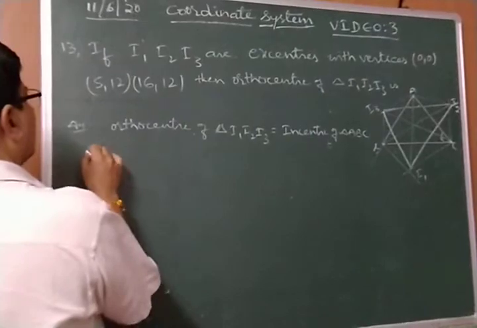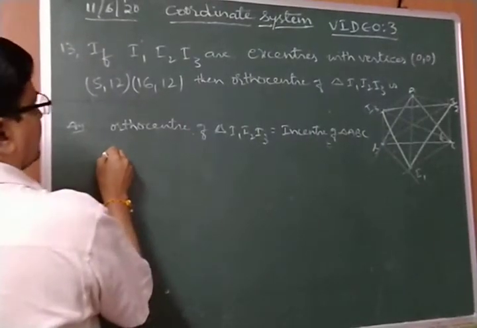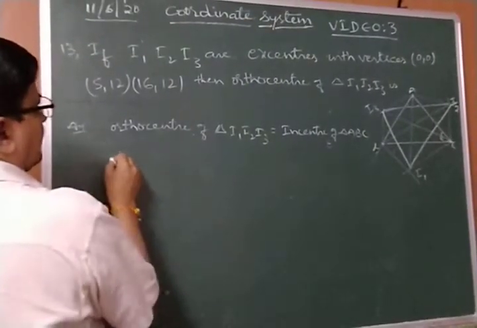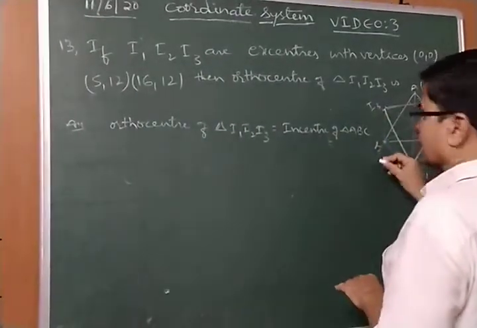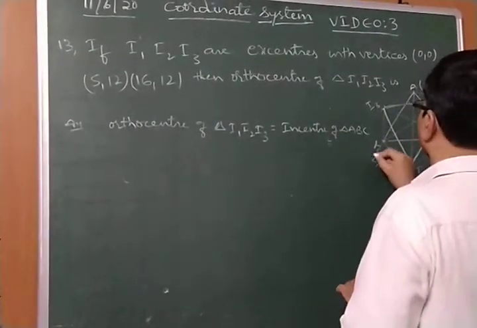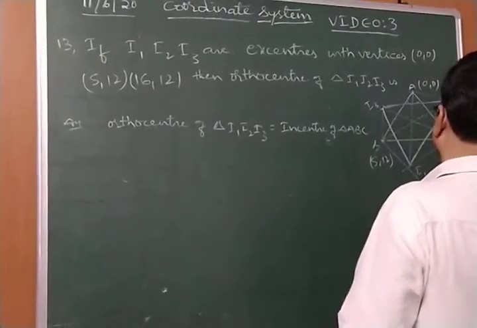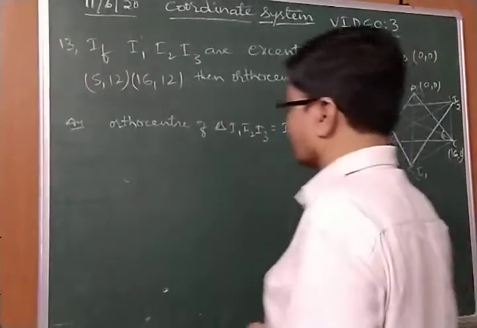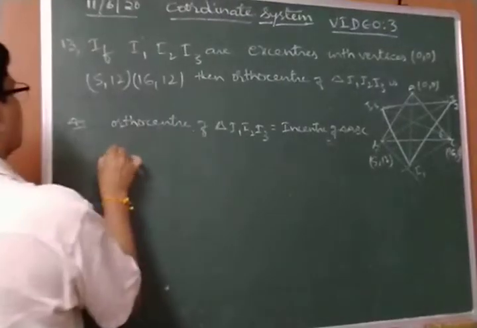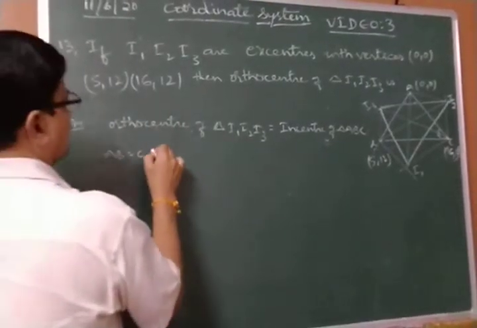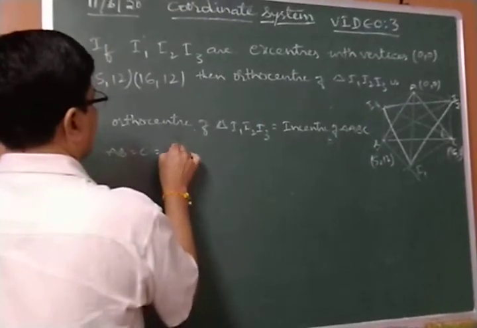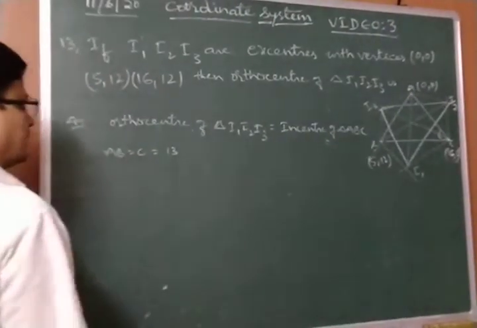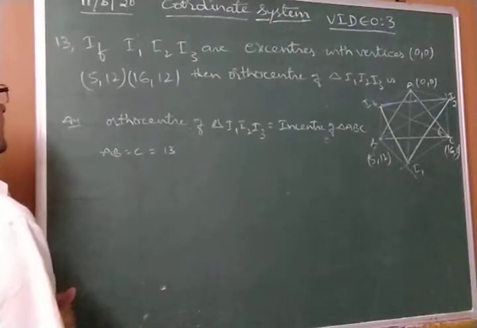So that's why we want to find this. A is (0, 0), B is (5, 12), C is (16, 12). Now AB, that means small c, is equal to the root of 25 plus 144, that is the root of 169, that is 13.